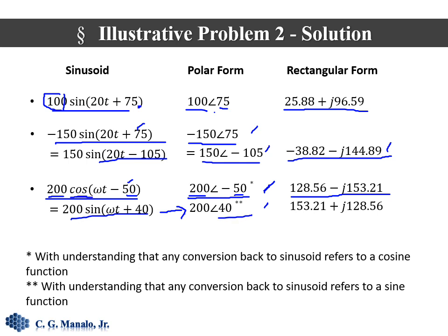And for this one, it is understood that if I convert this back to a sinusoid, I should use a sine function. So considering that both of these are different polar expressions, that should give you also different rectangular forms.